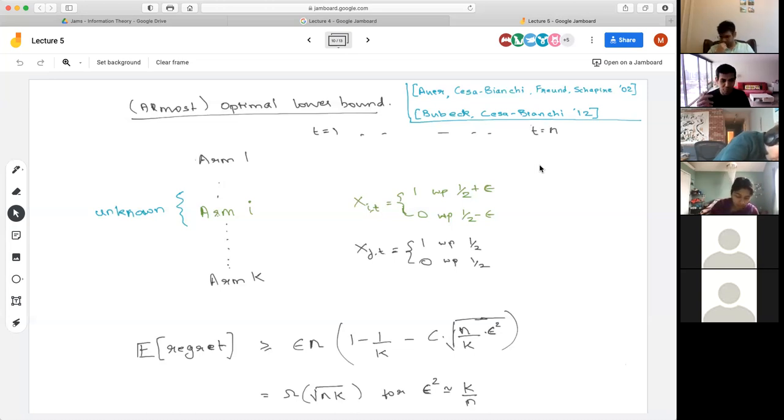In particular, if you choose epsilon correctly, which is about some constant times square root of capital K over n, then the regret comes out to be about square root n times capital K, where K is the number of arms. This is known to be almost tight for this problem. So what do I mean by almost tight?